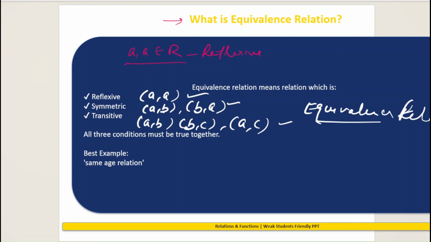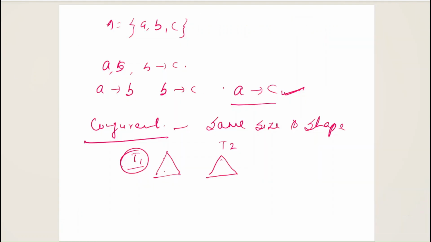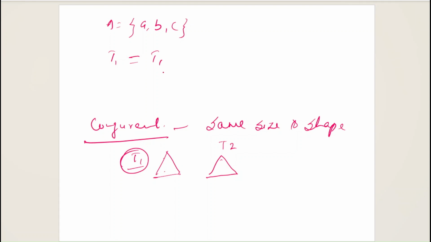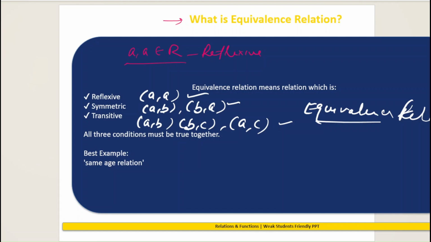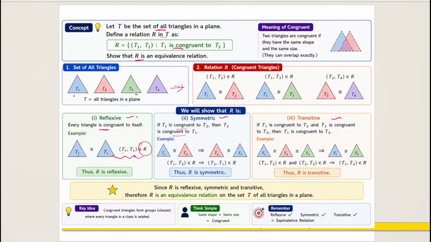In the question, it is given that the triangles are congruent to each other. It means T1 is congruent to T1 only. So (T1, T1) belongs to the relation R. So this condition is fulfilled, and the given relation is reflexive.